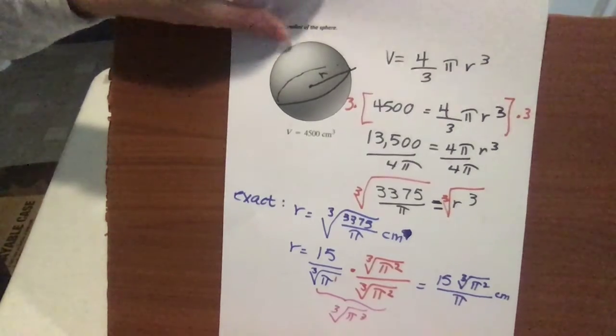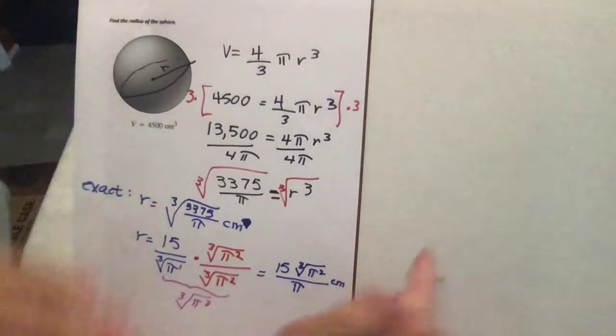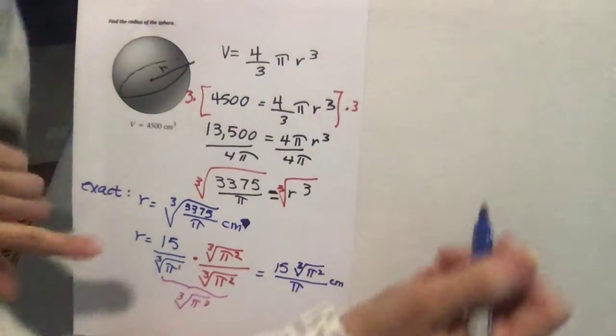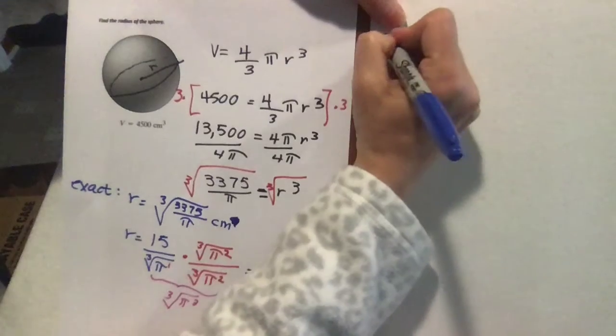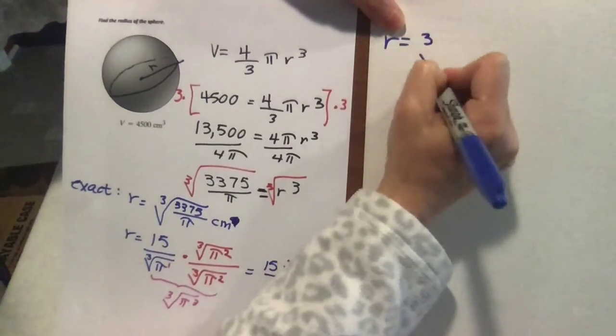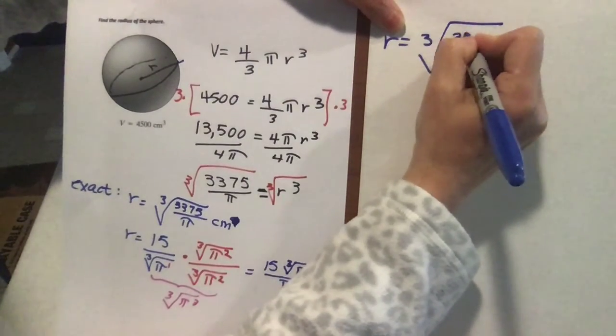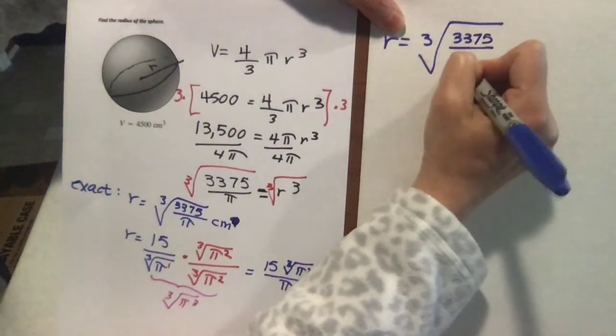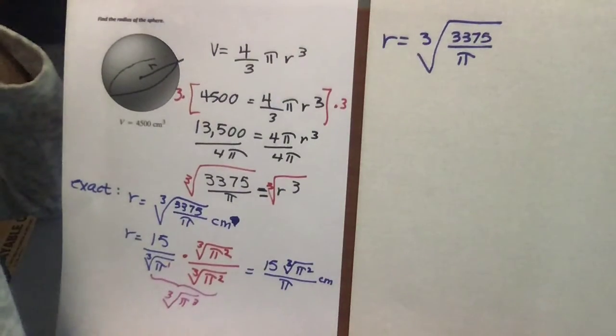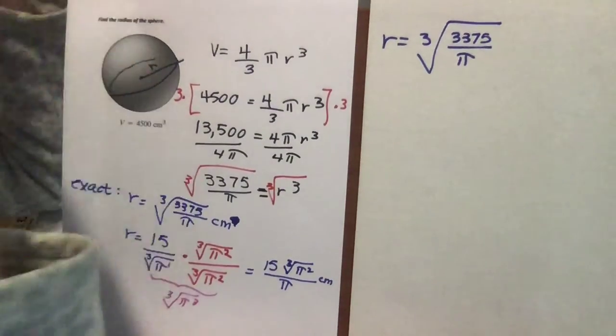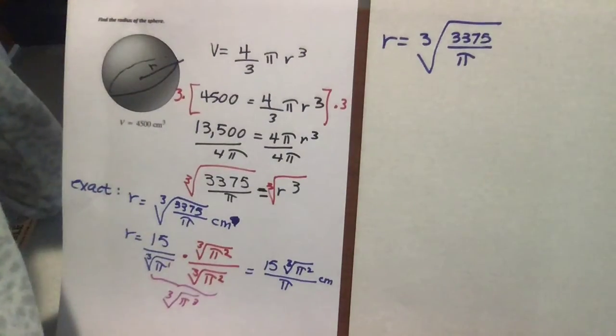Now to take this and get the approximate form, very simply I would work from here where my radius is equal to the cube root of 3375 over pi. I would get my calculator out and plug it in, and if you're using Desmos, same thing, the online calculator.